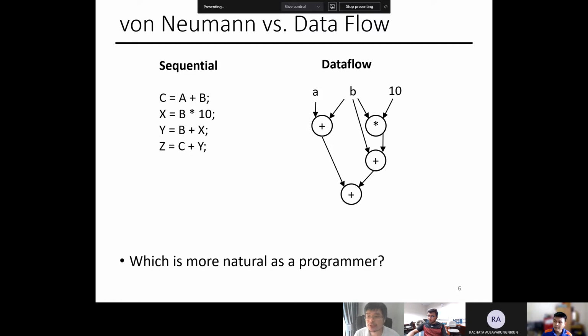The one that's more natural as a programmer, obviously, is the sequential program. You can tell the computer what to do step by step. That's a lot easier. That's why Python is easier to use, to be honest, for most programmers than functional programming.